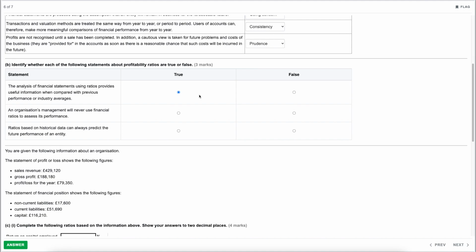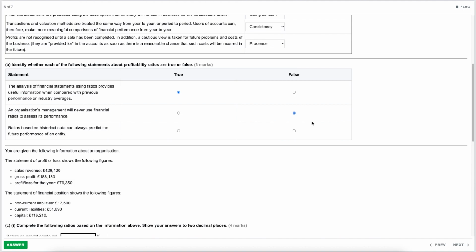Next one then. An organisation's management will never use financial ratios to assess its performance. I mean, that is quite clearly false. They definitely would. Nothing more to add on that. Ratios based on historical data can always predict the future performance of an entity, so that would also be false.